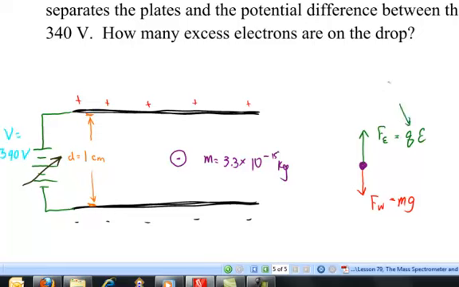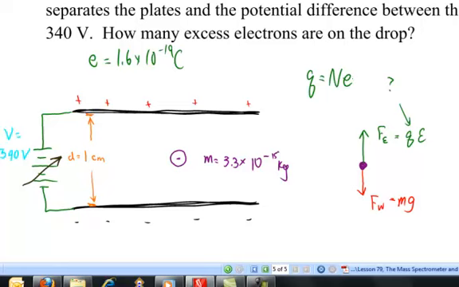If we could figure that out, then we could figure out how many excess electrons are on the drop. We're making the assumption that we know the charge on the electron is 1.6 times 10 to the minus 19 coulombs in magnitude. So we're trying to figure out what Q is equal to. It's going to be some integer multiple of the electrostatic charge, so N essentially is what we're trying to find.